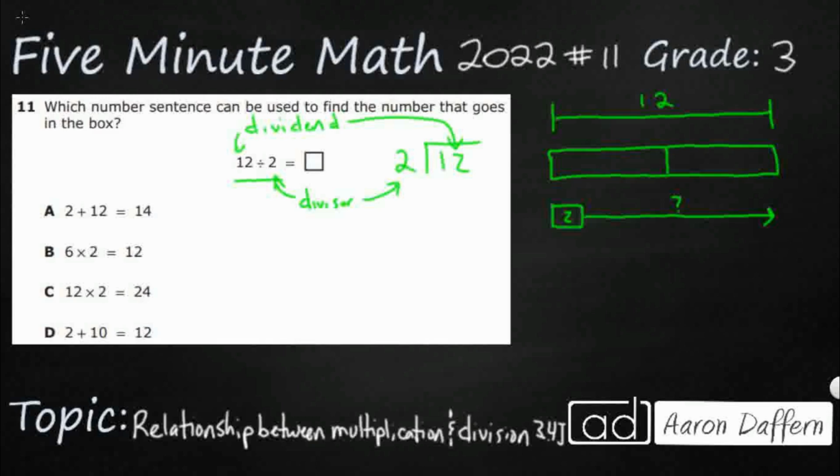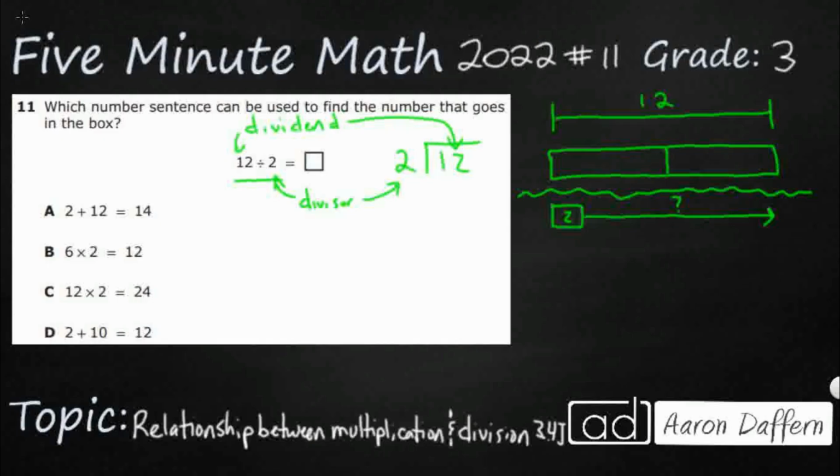Now, the question is, well, first off, what goes in that missing box? And then how can we use that to find a related number sentence, right? So let's look at this first one right here. We can look at that second one in a second. Okay, so 12 into 2 equal groups.